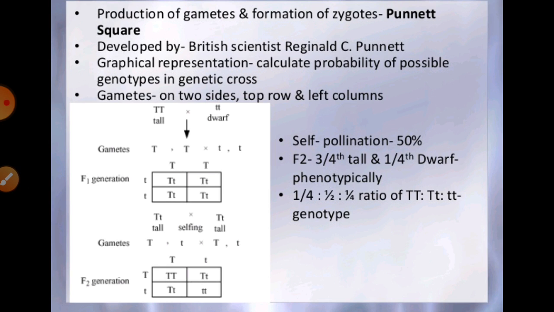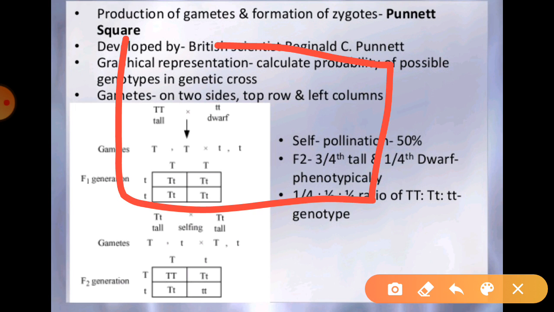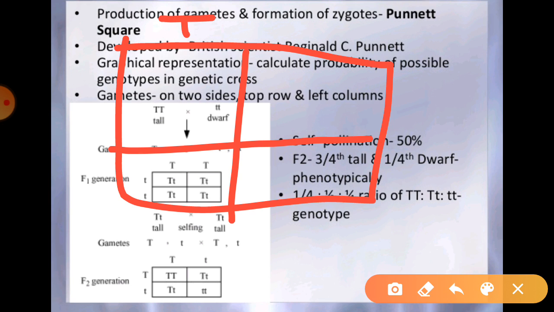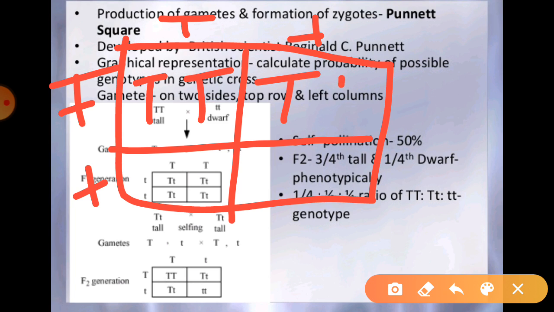If you can see, especially you can do a cross with the F2 generation, like this one. We can say capital T, small t and capital T and small t. You will get here capital T. After this you will get capital T and small t.